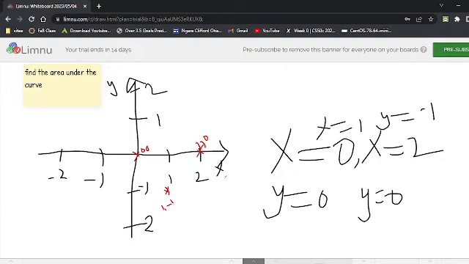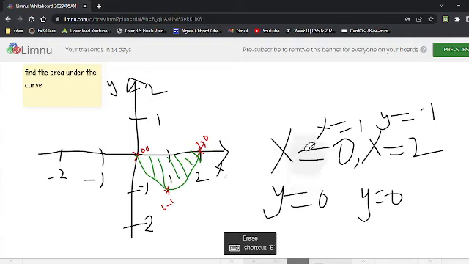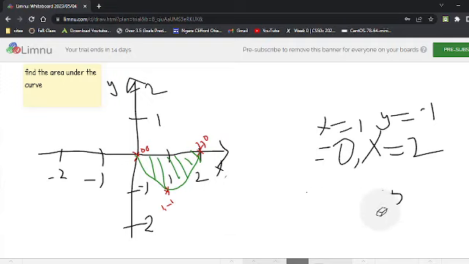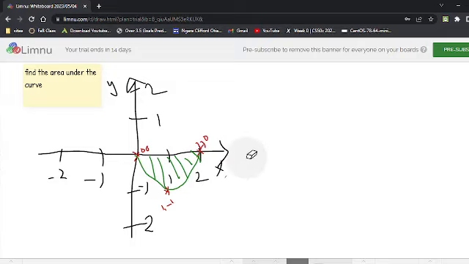Okay, now we plot the curve. Now that's the curve that we have. Now we're going to find the area under the curve. The answer is going to be negative because the curve is below the x-axis.